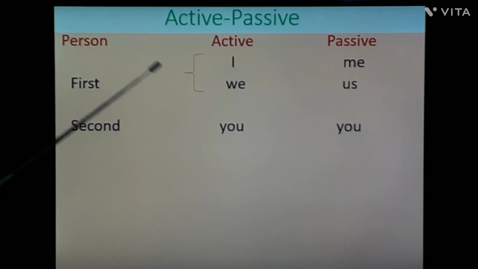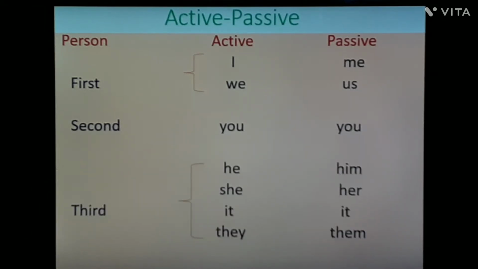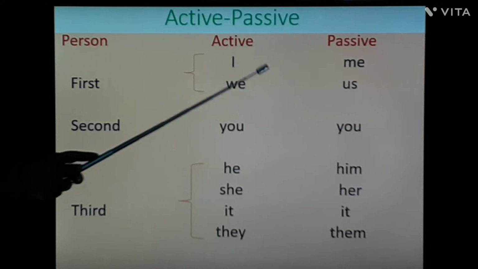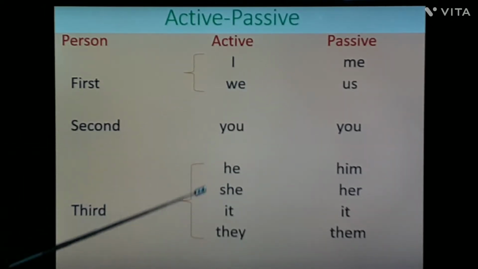Second person, you. In active voice, same will be in passive, you. Third person, he. In active voice, him in passive. She. In active voice, her in passive. Same way, it, they, them.